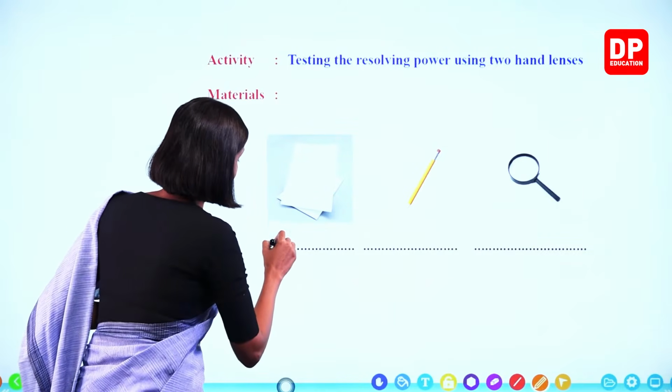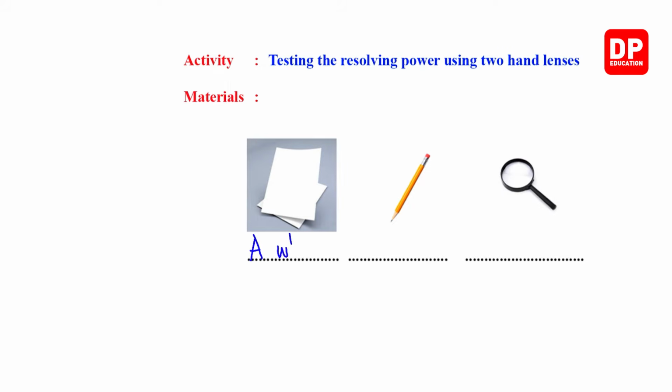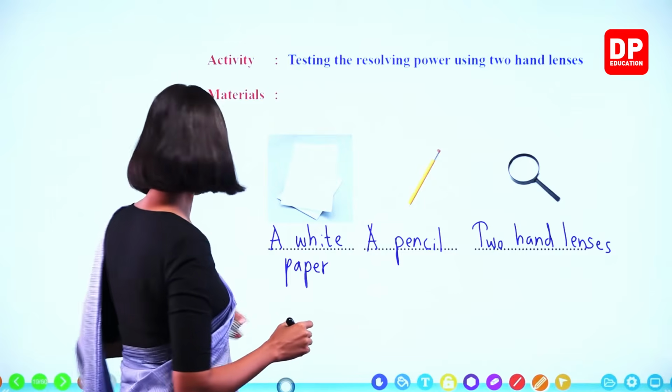We need a white paper, a pencil, and two hand lenses. Right? A white paper, a pencil and two hand lenses.